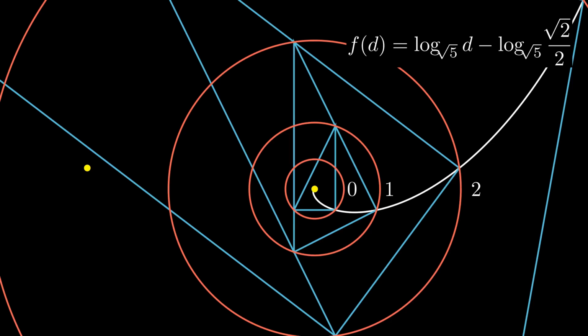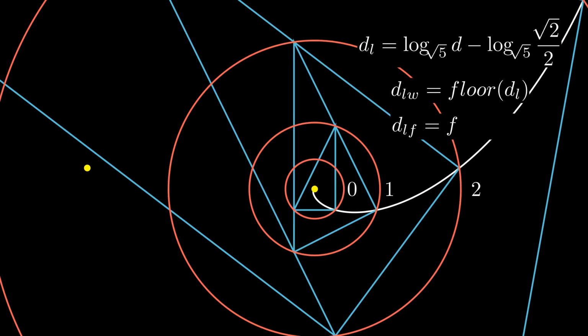I'll call this new number dl. dl has two important parts, its whole number and its remainder. dlw for whole number and dlf for remainder, or fraction. That's the function.